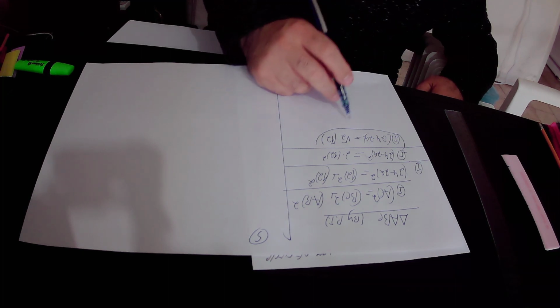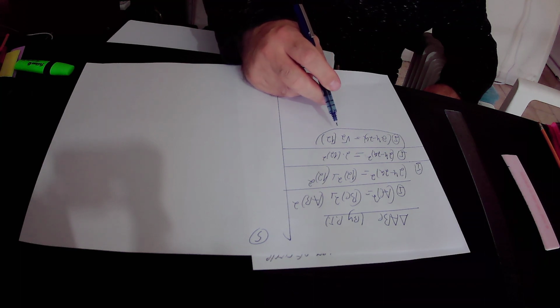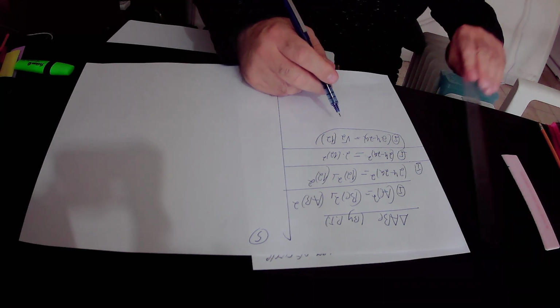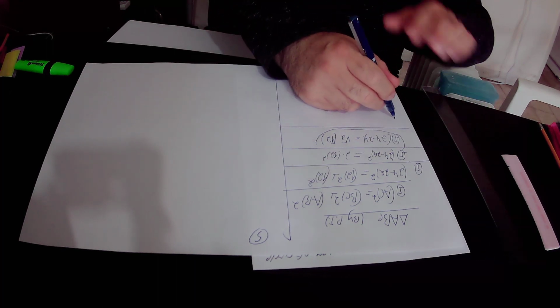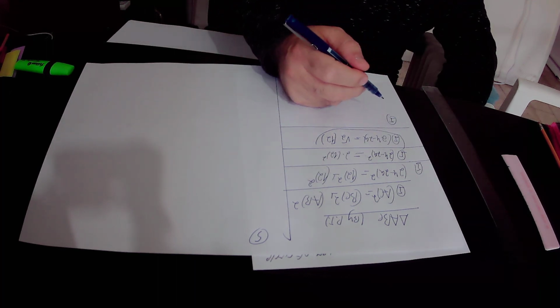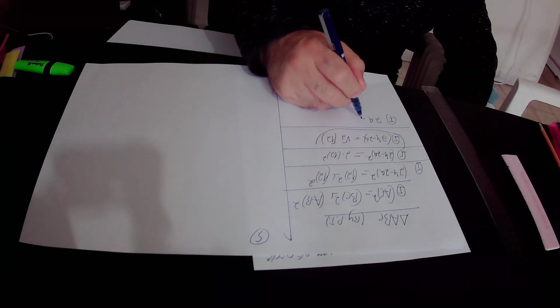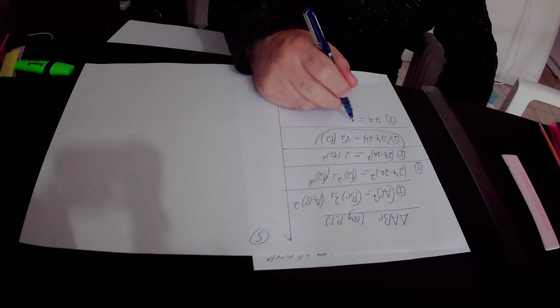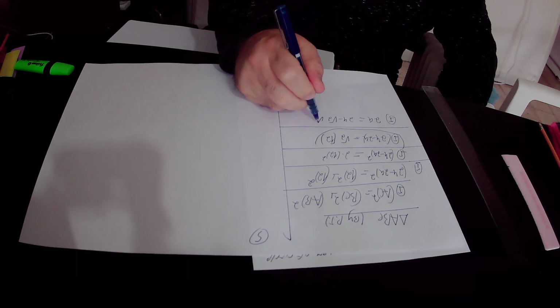Here we will add to equation number 1, 2A, and we will subtract square root of 2 times 12, and we will get that A equals 24 minus square root of 2 times 12.